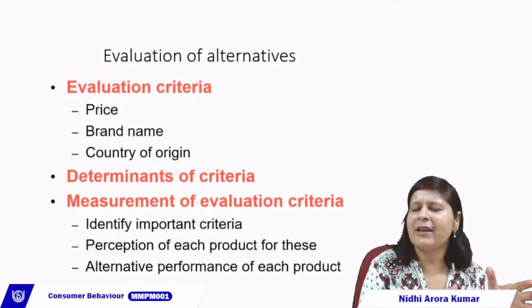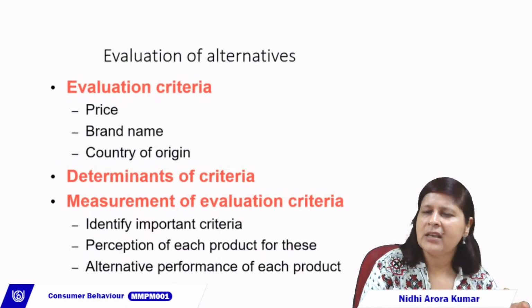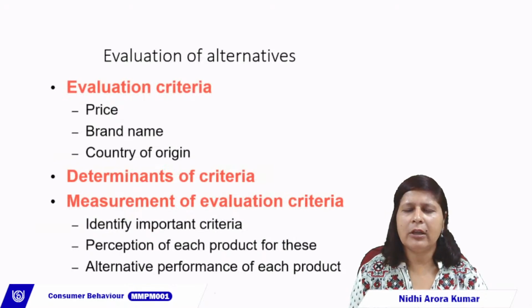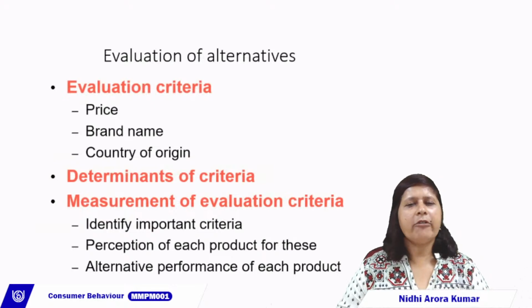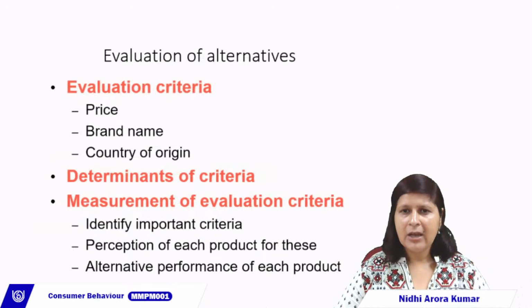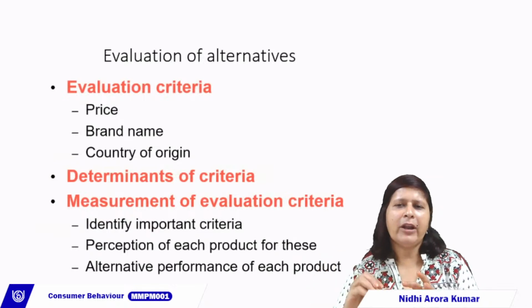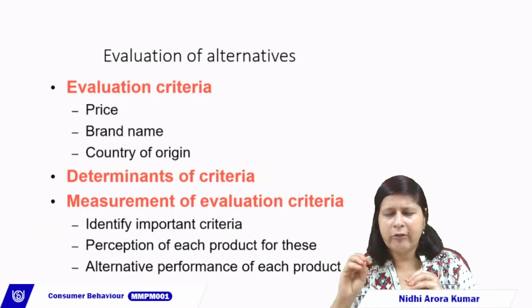If the consumer is price sensitive, they will evaluate on the basis of price. If the consumer is brand sensitive, they will evaluate on the basis of brand. And at times country of origin even matters, right? Whether we would like to purchase a product from that country or not, right?